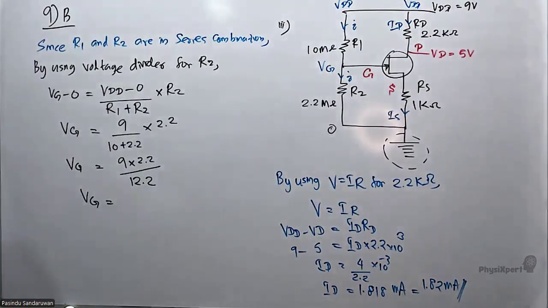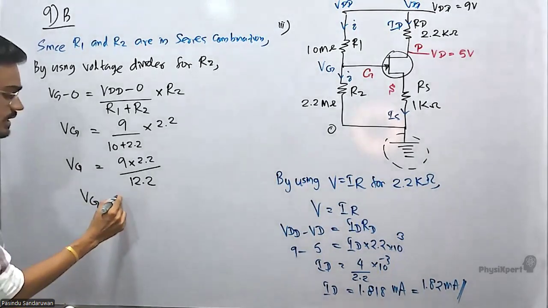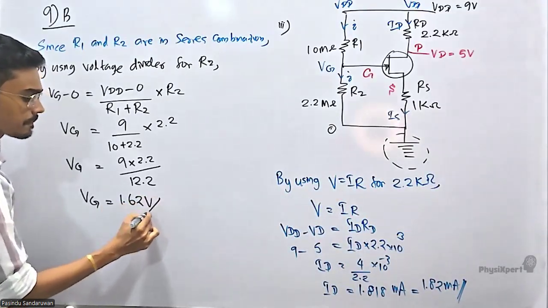What's the value? It is 1.62. So that is 1.62 volts.